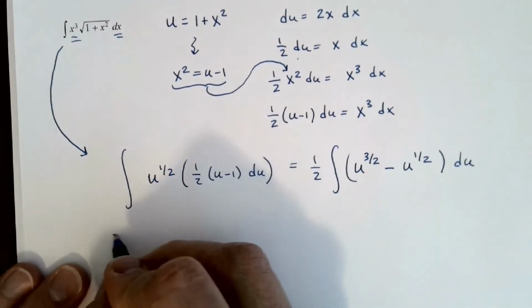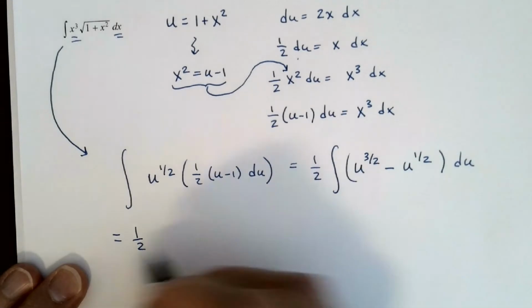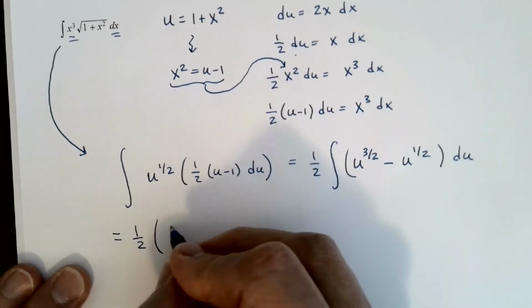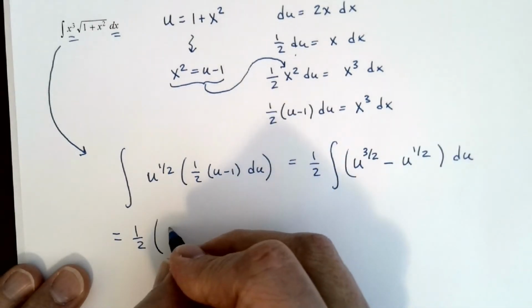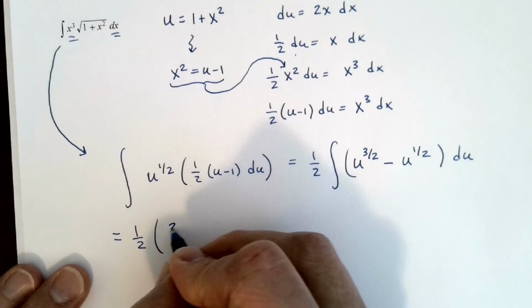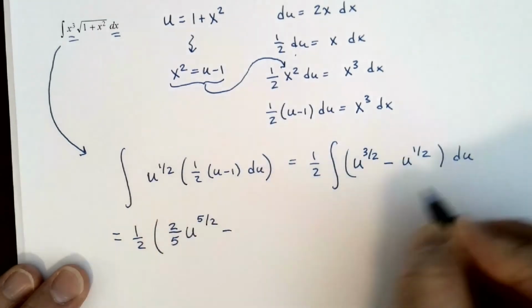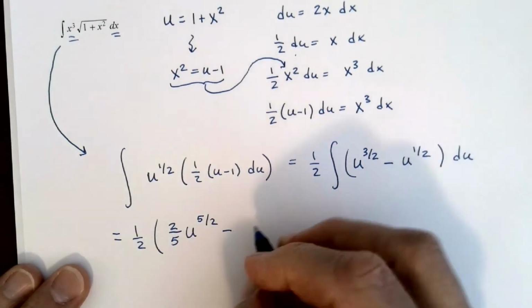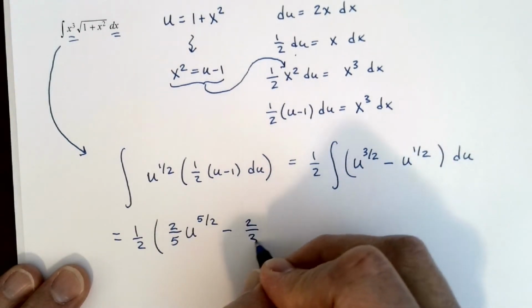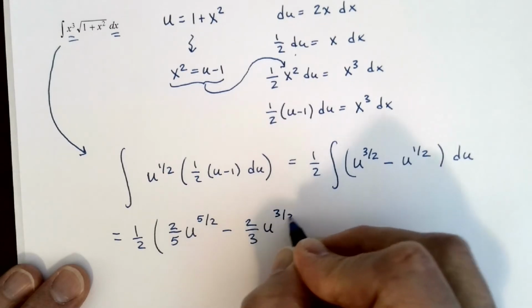And now I can find the antiderivative. Seems like we've seen a lot of these before. This one will be what? u to the 5/2 divided by 5/2, or times 2/5. And then add 1 to that, 3/2, or 2/3 u to the 3/2.